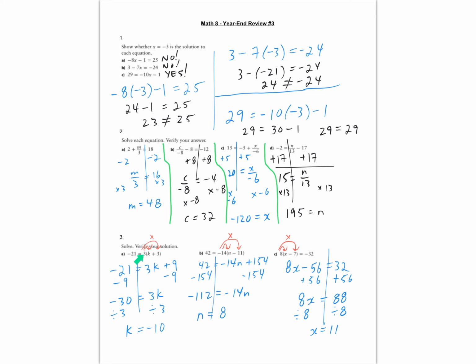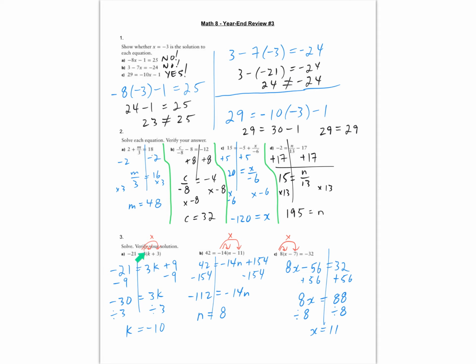Okay, so anytime you're multiplying a number by a variable and the variable has no number in front of it, then we assume that it's a 1. Okay, so this is just 3 times k, which becomes 3k. If there was like a 2 in front of that k, then it would be 3 times 2, we'd have 6k. But because there's no coefficient in front of it, it's just 3k.